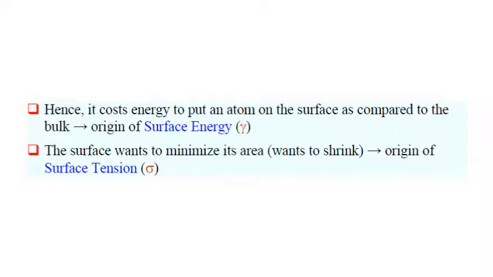They have force only towards the inside, not outside. There is one more term we use, called surface tension. The surface wants to minimize the area, wants to shrink, and wants to live in lower energy, and that is called surface tension. So we use these two terms, surface energy and surface tension.